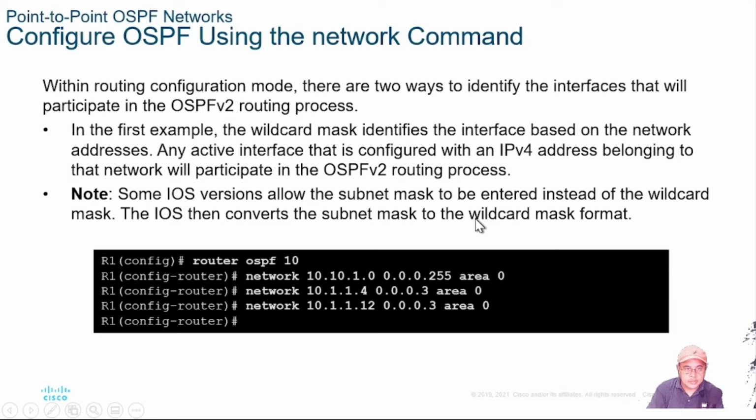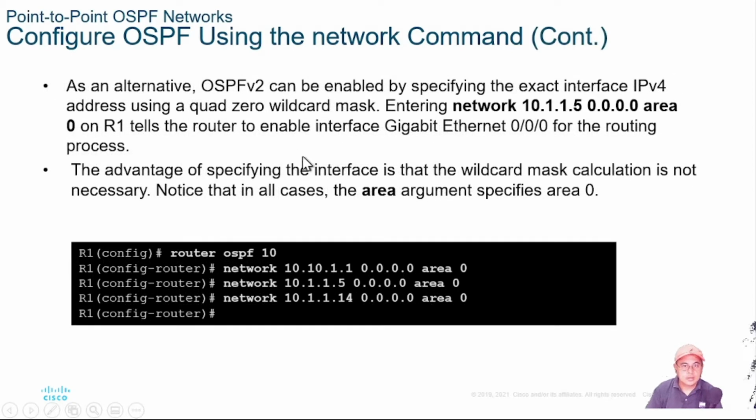The second option for the first method is specifying the exact IP address of a specific interface, plus using the quad 0, 4 zeros, and then the area 0.